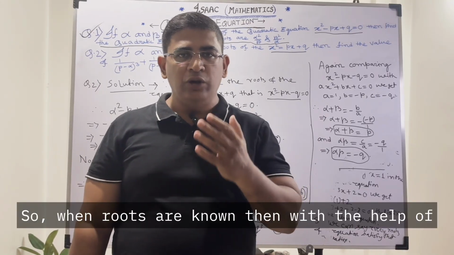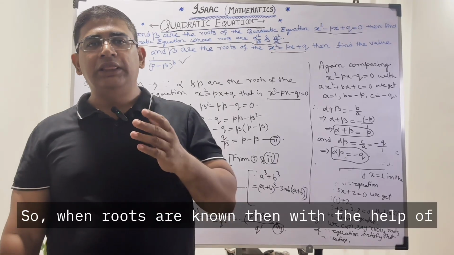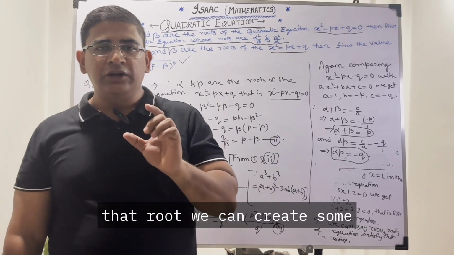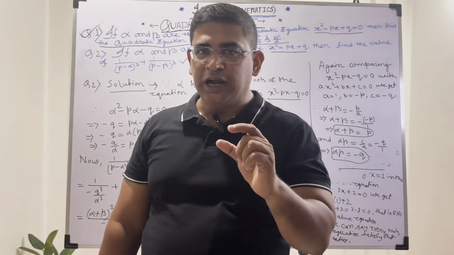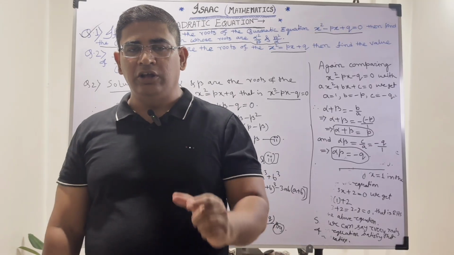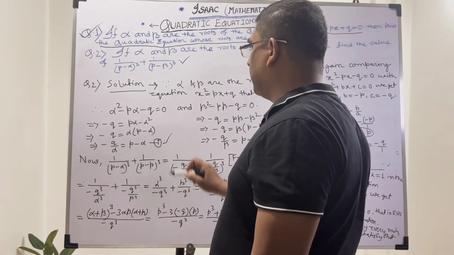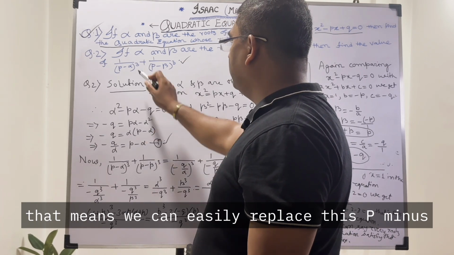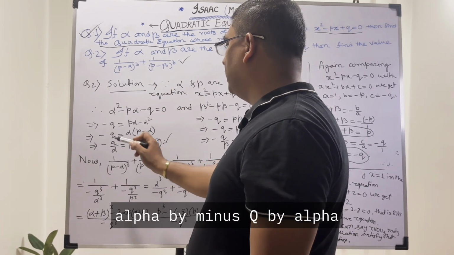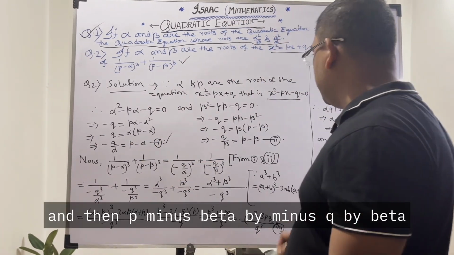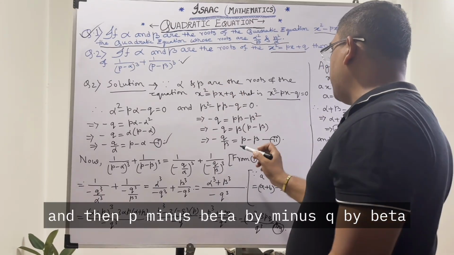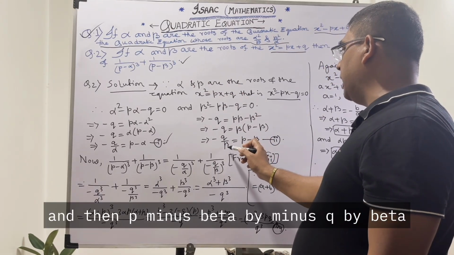equation. So when roots are known, then with the help of that root we can create some special form. Here we create this form, that means we can easily replace this p minus alpha by minus q by alpha, and then p minus beta by minus q by beta.